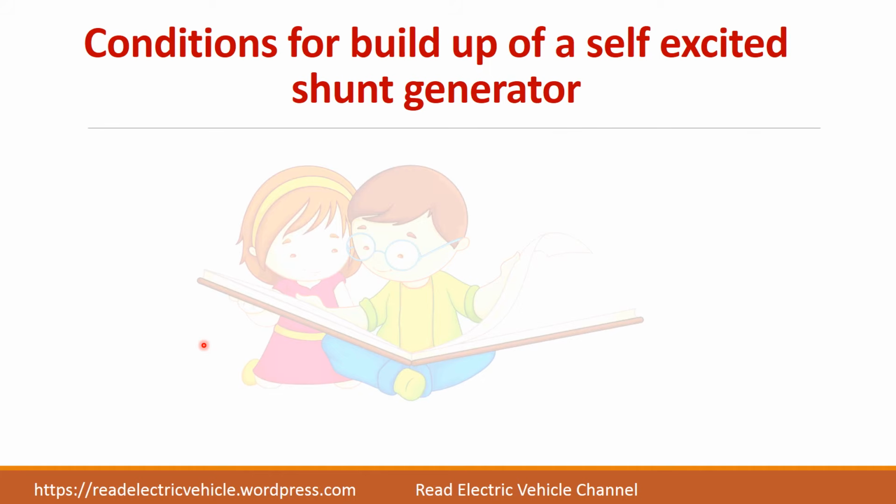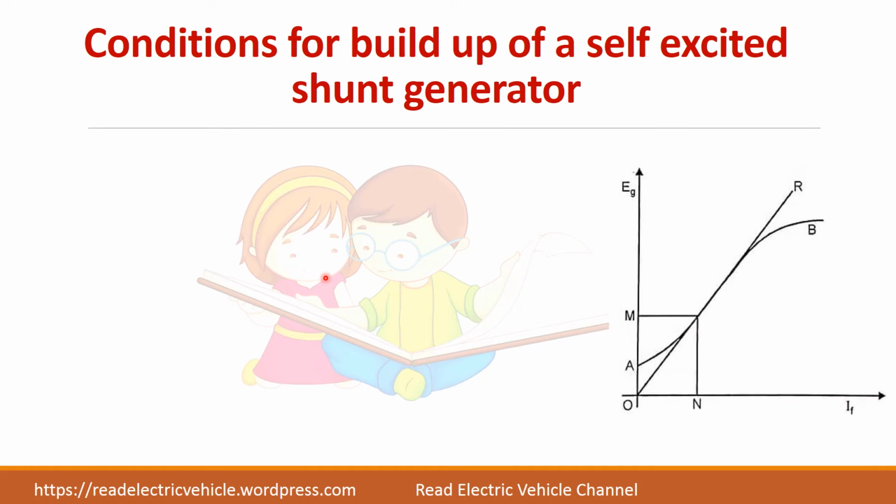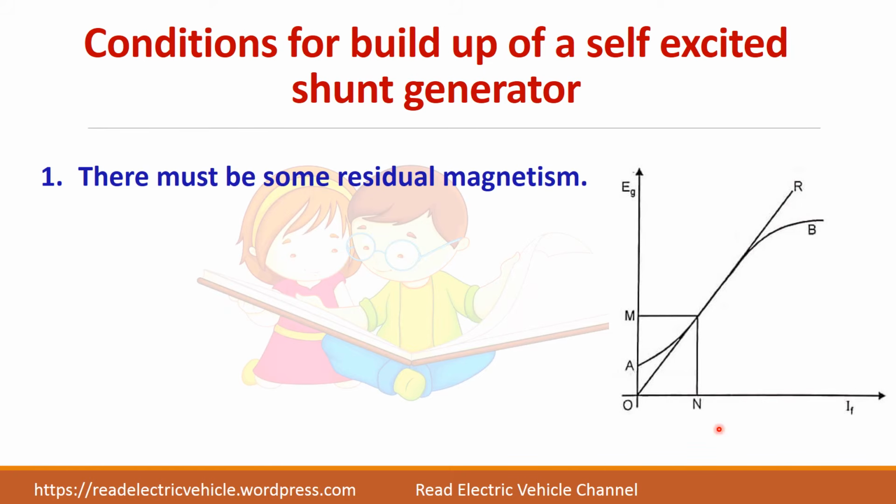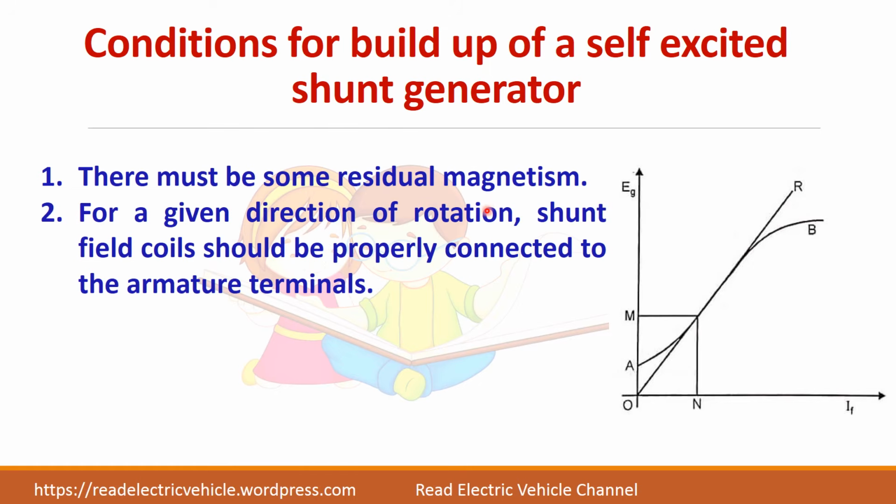Now, in a self-excited generator, you have three conditions to be met for the machine to build up the voltage. First, there should be some initial residual magnetism. Only if it is there, the machine will start to increase its voltage. Otherwise, the machine cannot build voltage. So, some residual magnetism should be there.